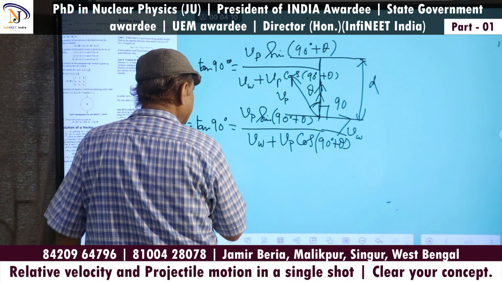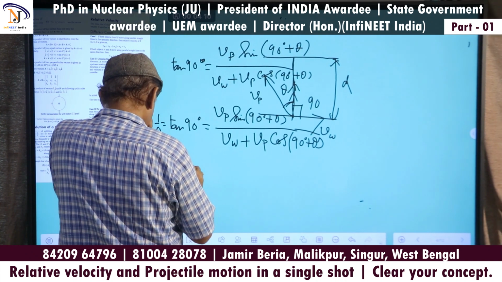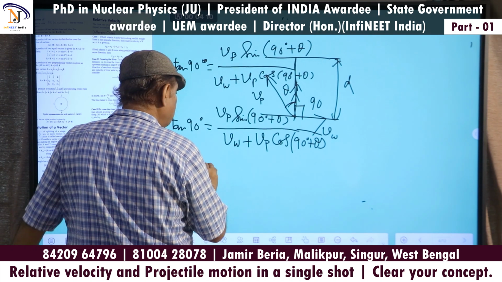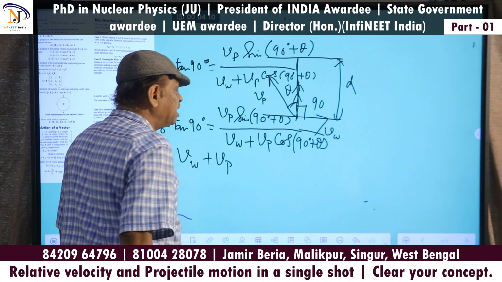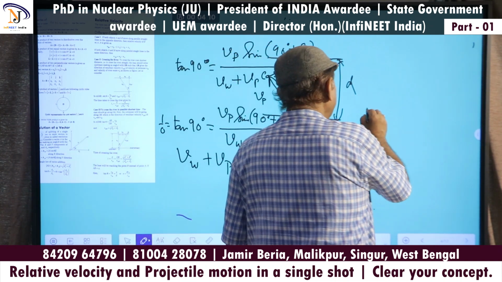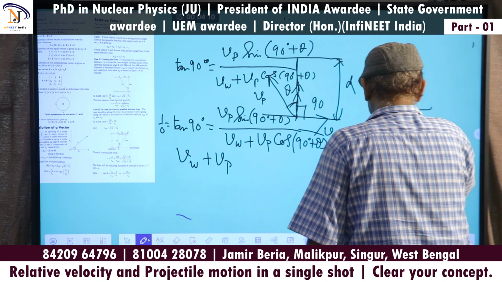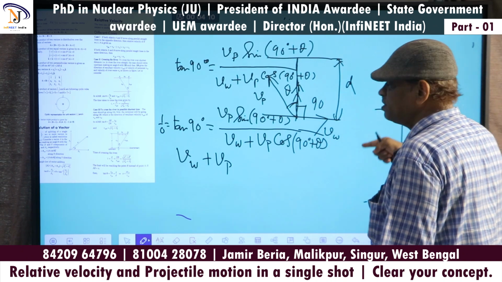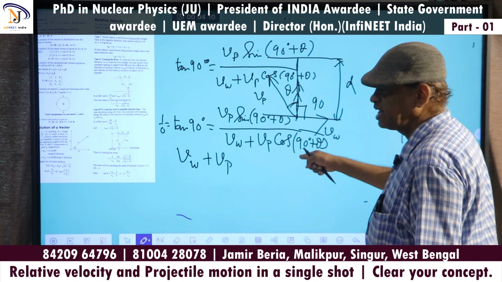Then what can you write? You may write like this: Vw plus Vp cos of 90 degrees plus theta. What is the meaning of this? In the second quadrant, only sine is positive, so cos will be negative.